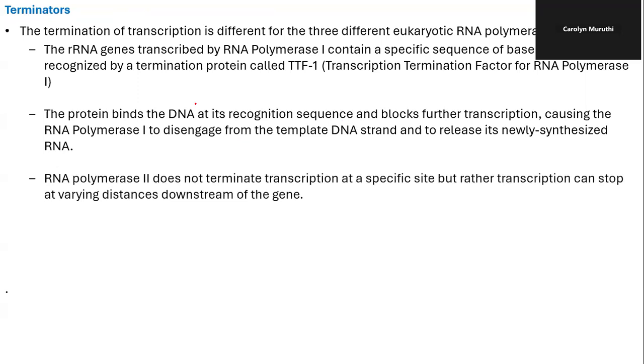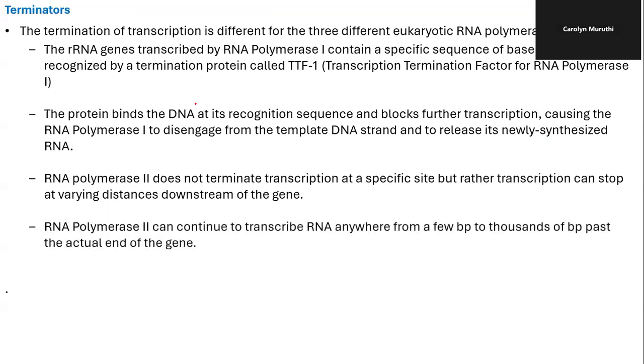RNA polymerase II does not terminate transcription at a specific site. However, it can stop at varying distances downstream of the gene of interest. RNA polymerase II can continue to transcribe RNA anywhere from a few base pairs to thousands of base pairs past the actual end of the gene.